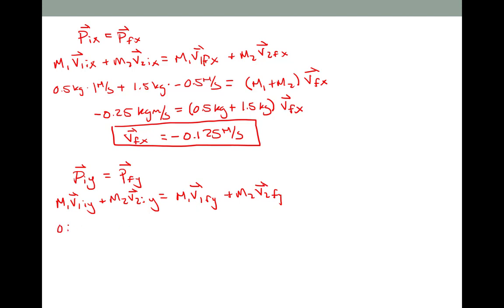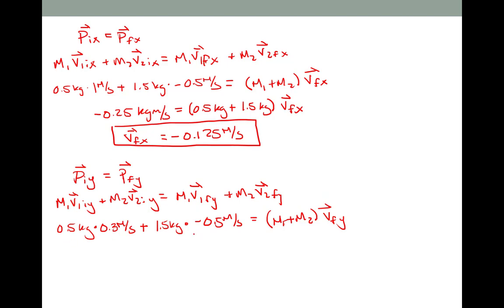Plugging in numbers again, 0.5 kilograms times 0.3 meters per second plus 1.5 kilograms times negative 0.5 meters per second has to equal, again factoring it out, m1 plus m2 times v final y.